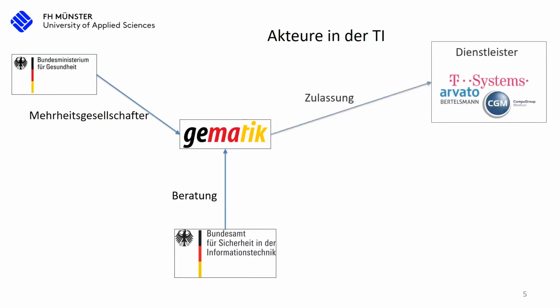And Gematik doesn't act alone, they do together with them. But they don't actually produce any components, and they don't offer any services. This is all done by the private sector. Here we see the large systems, large providers like T-Systems and others, and they actually offer the services or create connectors, for example.